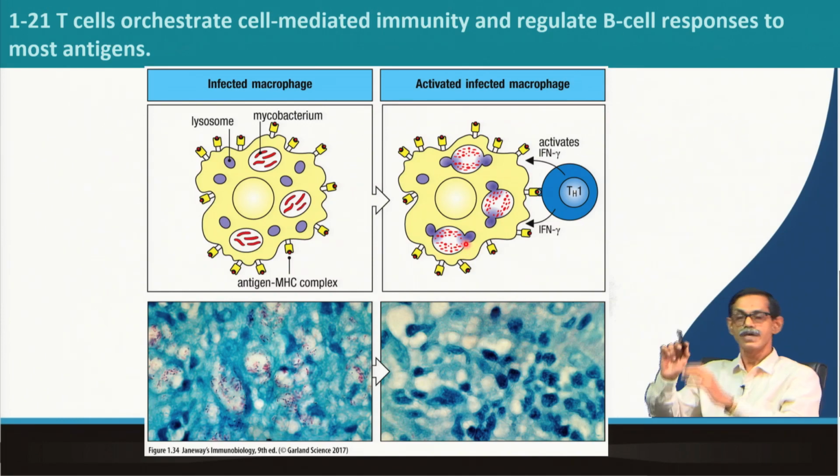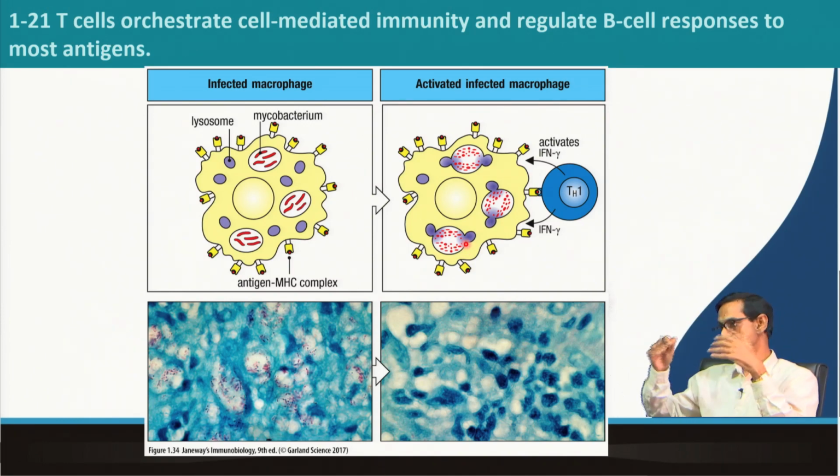So, normally we are exposed to TB patients, or we have mycobacterium inside our body because it is airborne, but if our immune system is strong, as soon as they start growing, Th1 cells recognize them, and this recognition is through this MHC2, and they tell the macrophage to kill them.